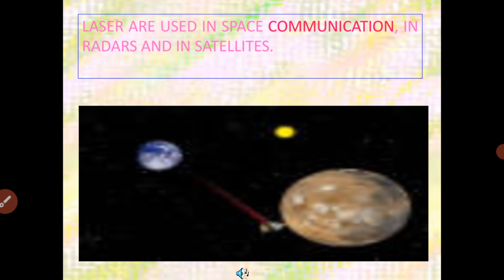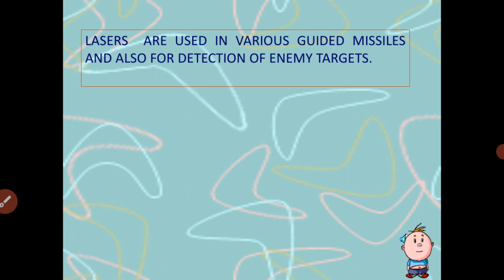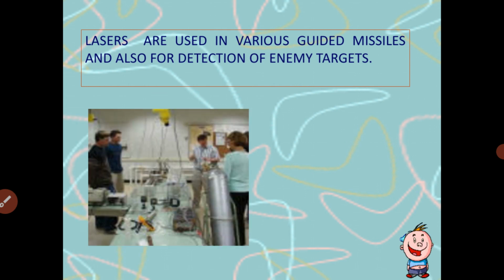Lasers can travel a distance of about 720 miles, that is 1160 kilometers. Due to this high range of laser light, lasers are very useful in the field of space communication, radars and satellites. Lasers are used in various guided missiles and also for detection of enemy targets.